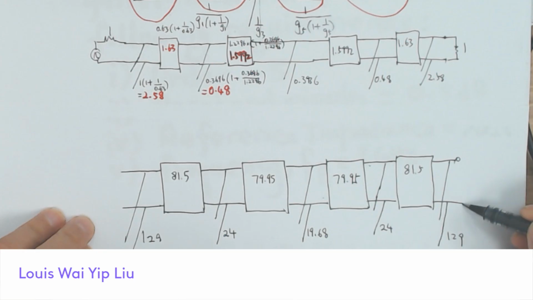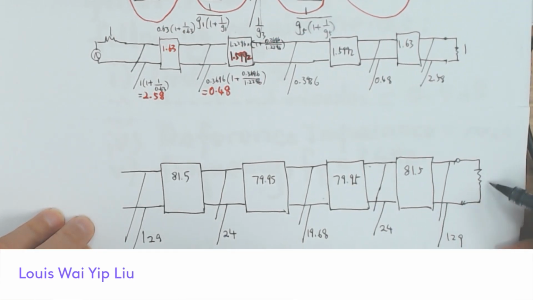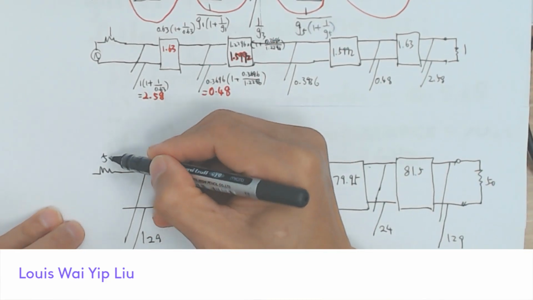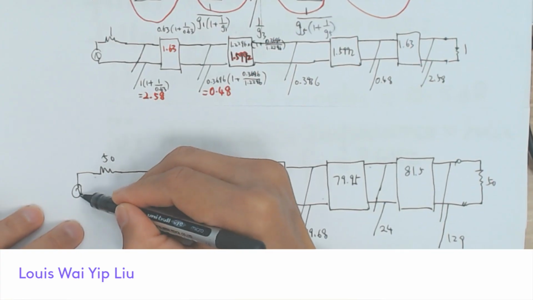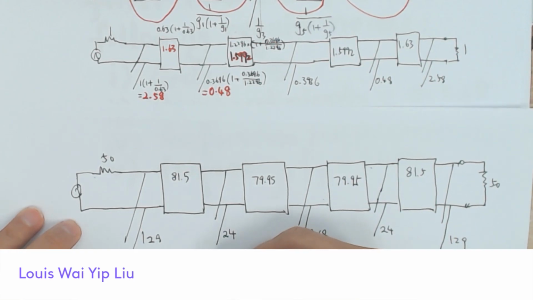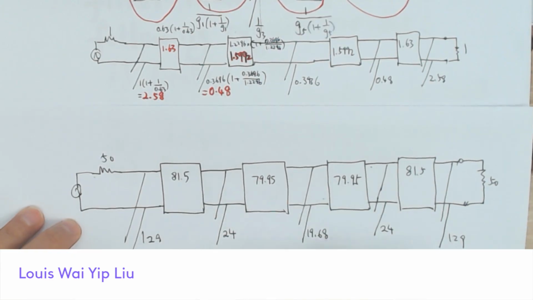Okay, so this is our filter. The length of this transmission line section will be equal to lambda g divided by 8. And lambda, yeah, let's assume we are using air as a medium.